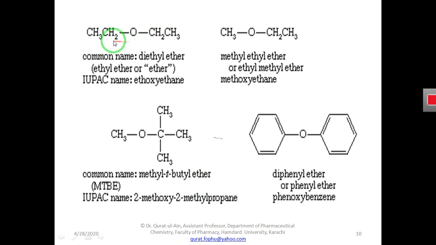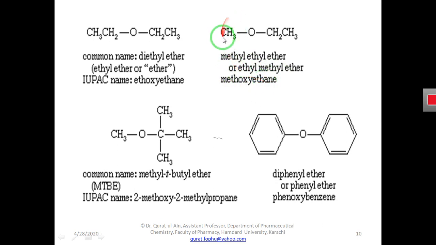And here in this case, this oxygen atom is attached to one methyl group and one ethyl group, so we will name this as methyl ethyl ether or ethyl methyl ether or methoxyethane.